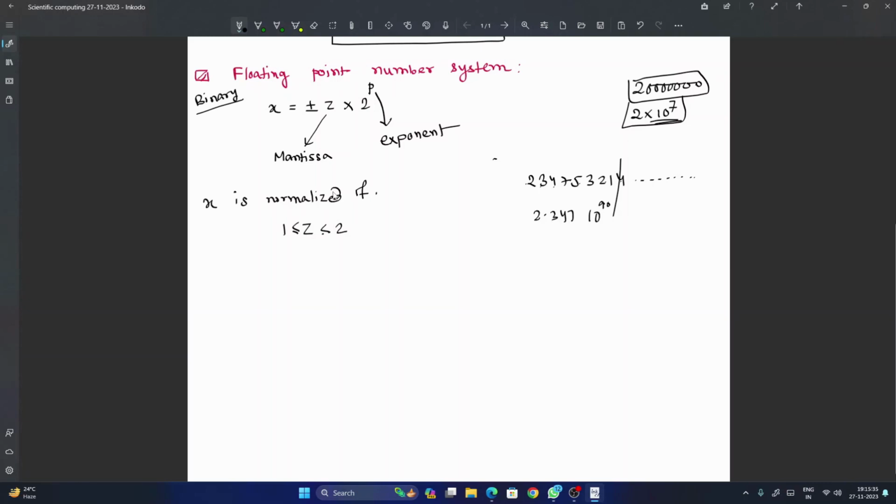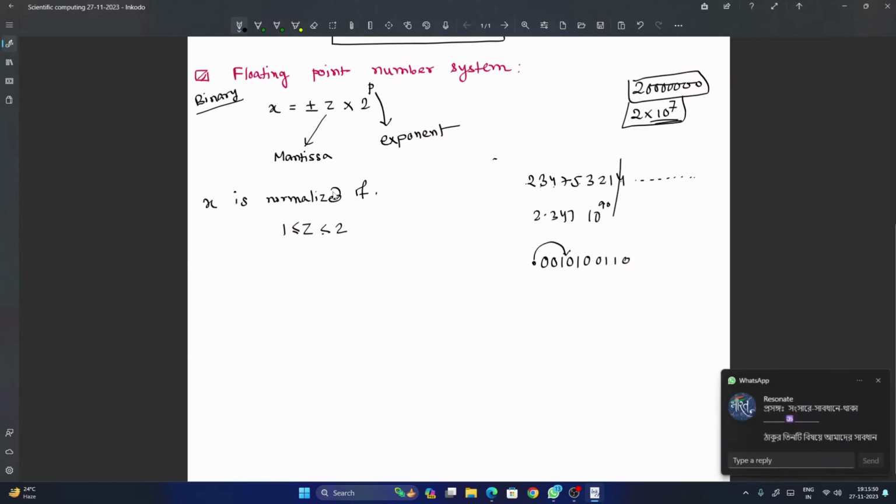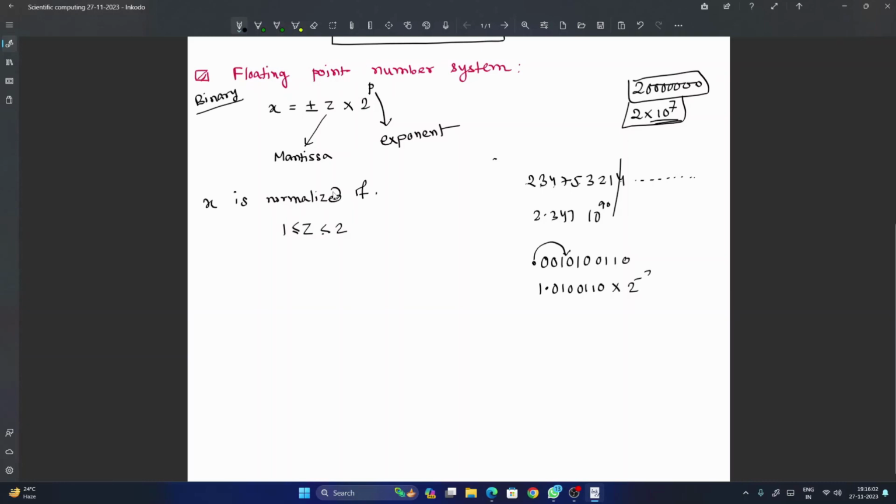So if this is a binary number 0.001010101110, this is not a normalized value. But if you shift the point, then you will get 1.0100110 into 2 to the power of minus 3, because you have shifted the point 3 steps in the right direction. That's why we have taken 2 to the power of minus 3 here.